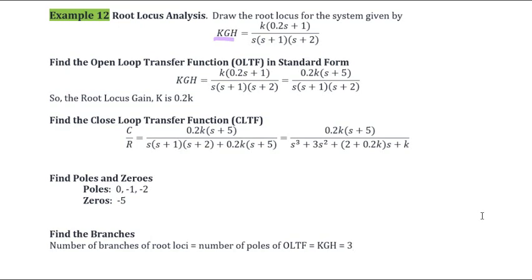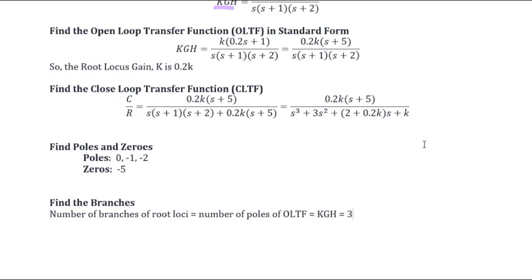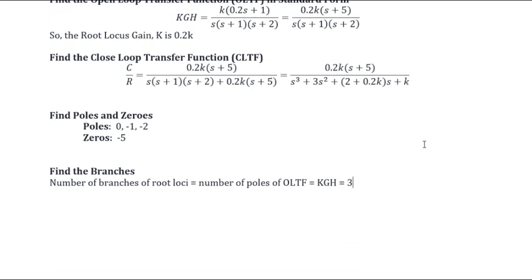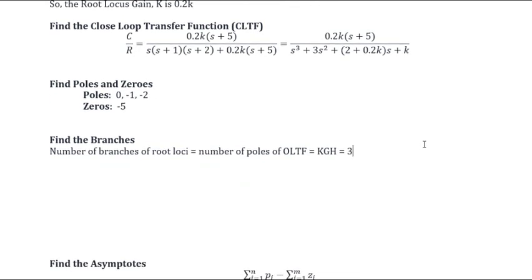Our next step is to determine where the poles and zeros are. I'm going to move this up a little bit to give me some space, and we'll draw the pole zero map. I'll use blue for the real and imaginary axes.